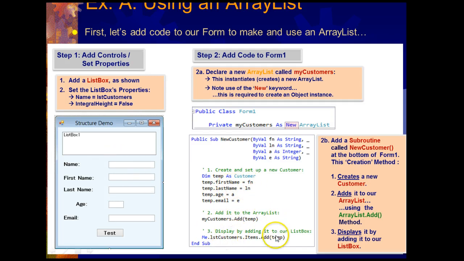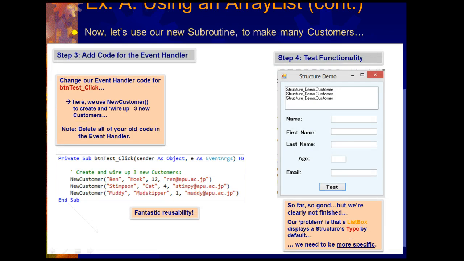Now that's kind of weird, because the customer has all this stuff in it: first name, last name, age, email, and even a whole name as well. So what's actually going to be added here? Is it all going to be listed one after the other? It's not really clear what's going to be added, and we're not sure if this is going to work right. What's it going to display here? Well, we'll see that in a minute. I'll go to the next slide in the next video.